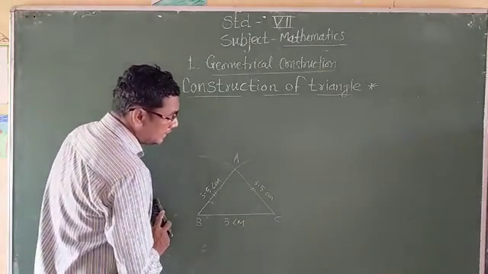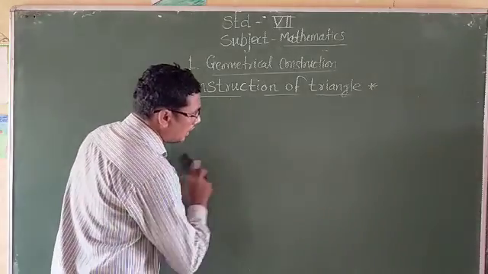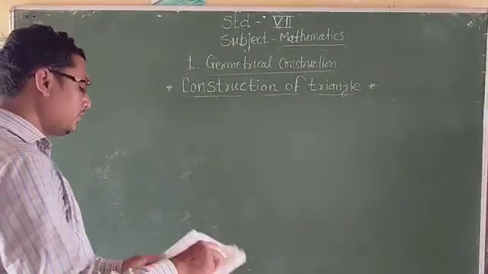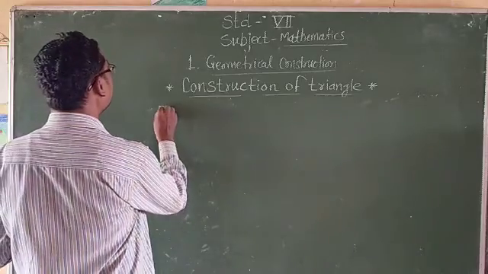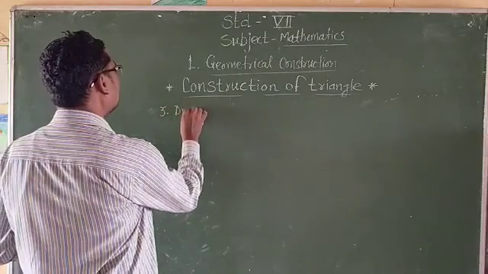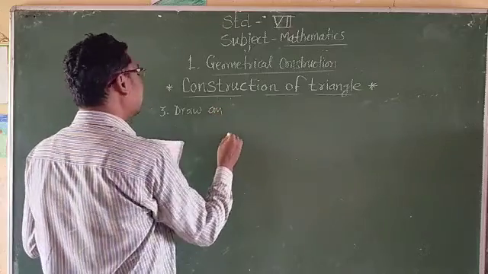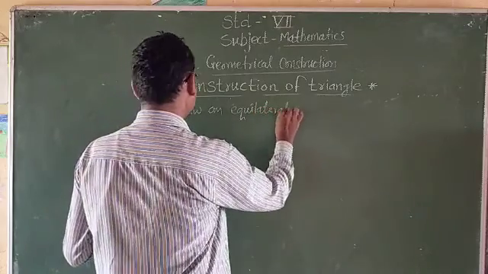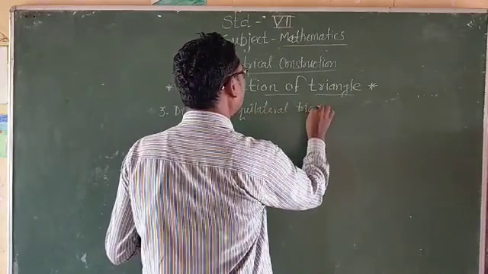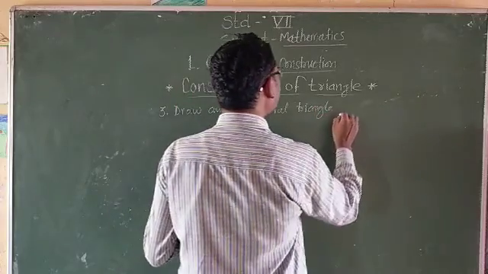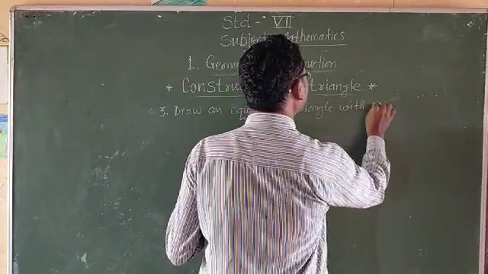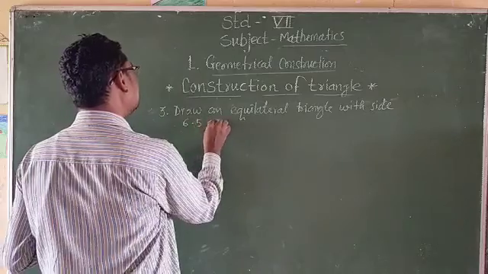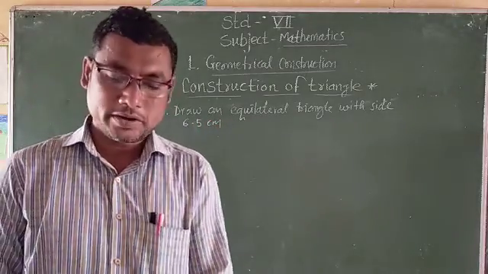You have to draw the triangles in your notebook. So draw an equilateral triangle with a side 6.5 centimeter.